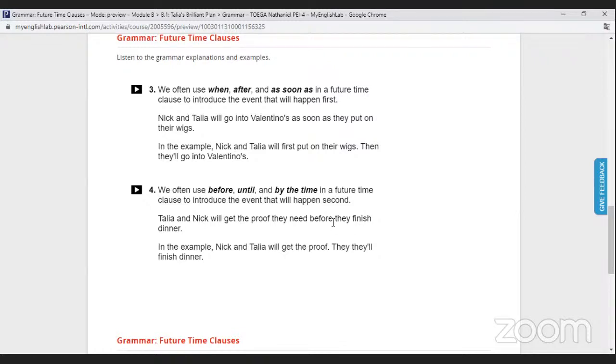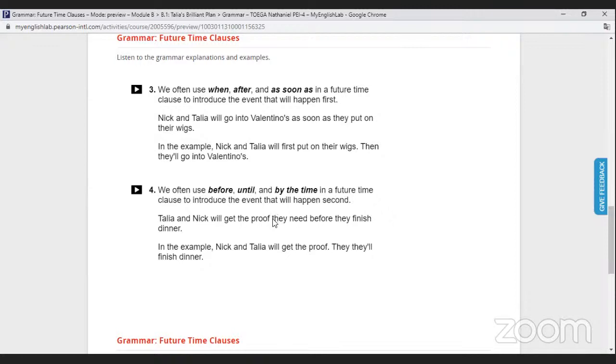Is that correct? Yeah, so the first part is the correct form, right? Like in the example. So it's only the interpretation of what's gonna happen first, or what's gonna happen second in this case.